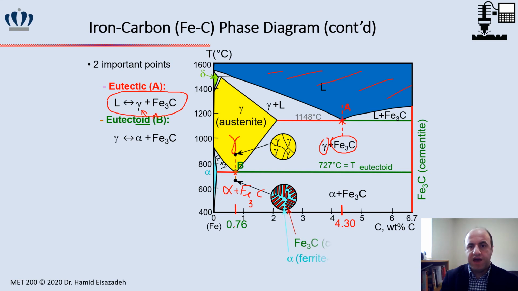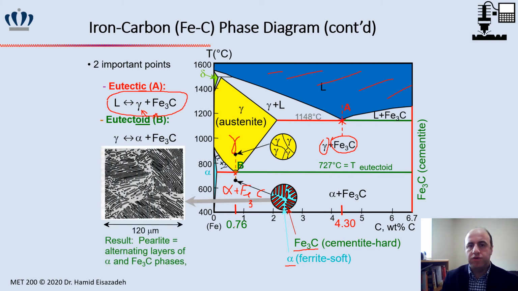But when we have a reaction like this, we have alternating layers of Fe3C and alpha. So they are separate, and we have two phases. Blue is alpha, ferrite, soft, and the red regions are cementite, hard.